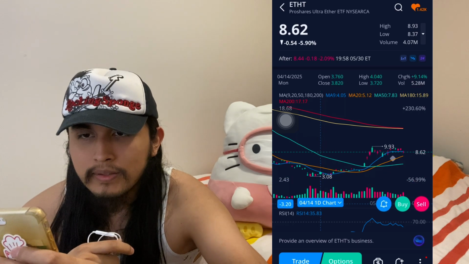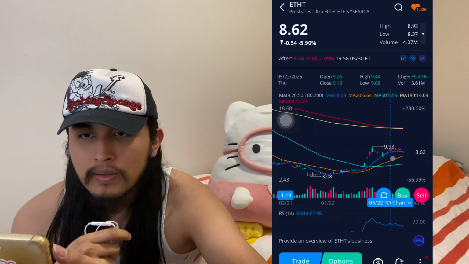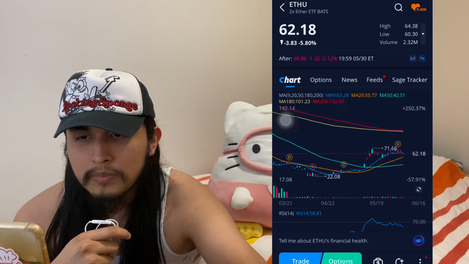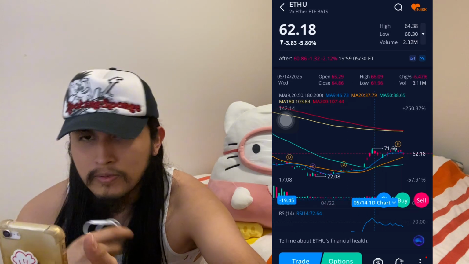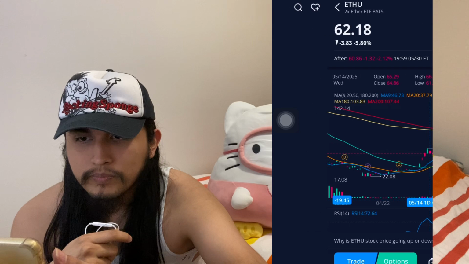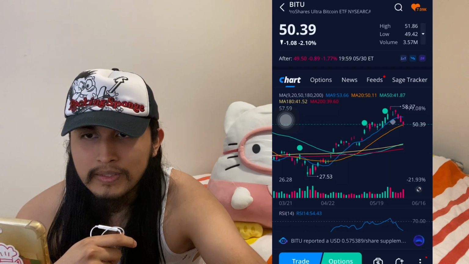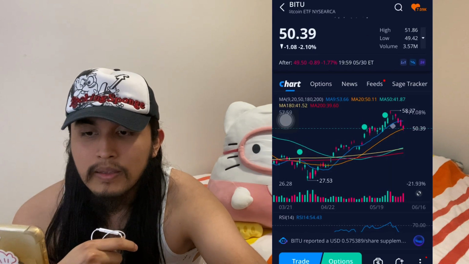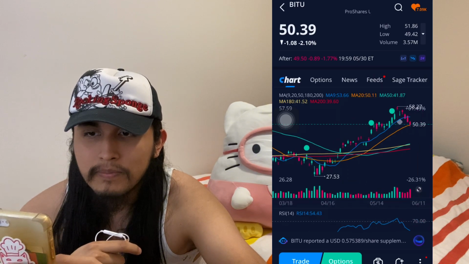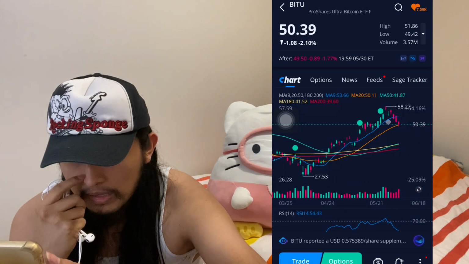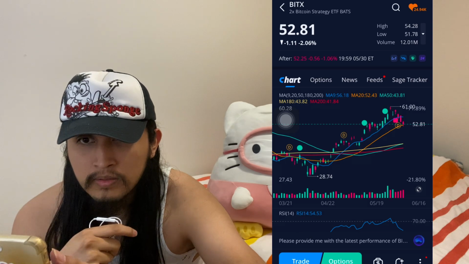Now it's worth like $8. This other Ethereum ETF was worth $22. Now it's worth $71 or $62. And this Bitcoin ETF, at one point it was 27 and now it's at 50. And same with this one.